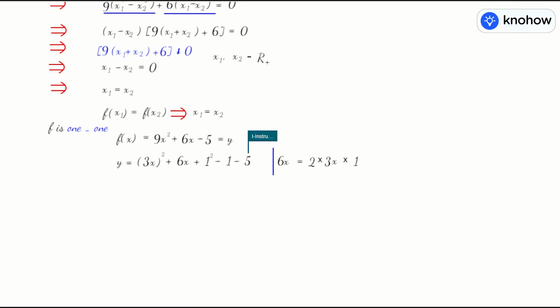If you know how to make a quadratic function a perfect square, you can do it. So it is like a squared plus 2ab plus b squared, so (a plus b) whole squared, that is (3x plus 1) whole squared minus 1 minus 5, minus 6. And now it will be easier to work out the value of x. So from here you get (3x plus 1) whole squared equal to, taking minus 6 to the other side, y plus 6.